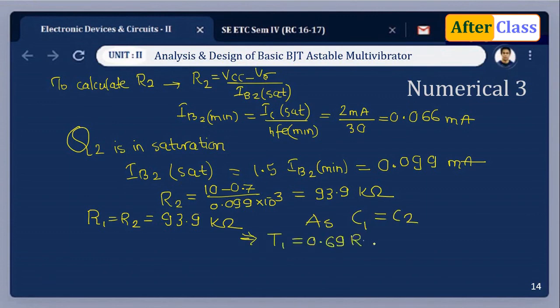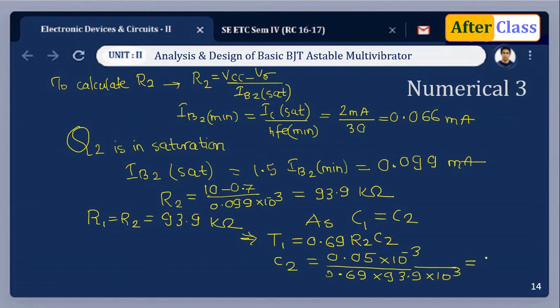As C1 equals C2, we can write T1 as 0.69 R2 C2. From this I can calculate the value of C2 as 0.05 into 10 to the power minus 3 divided by 0.69 into 93.9 into 10 to the power 3.